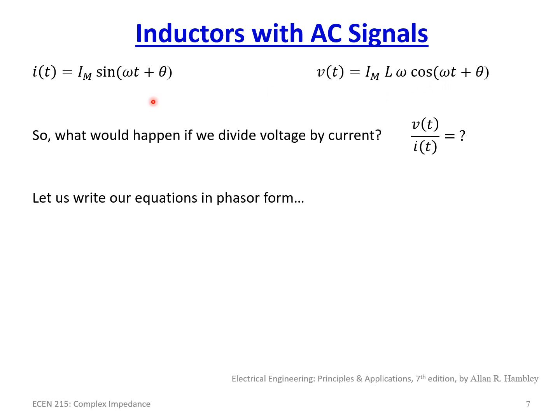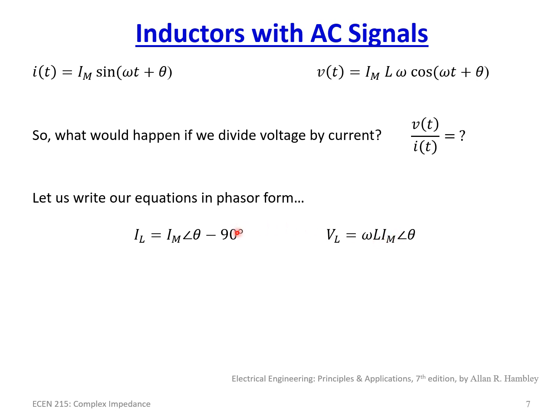What do you think we're going to get if we do that? So let's go ahead and write these in terms of phasors. Im is now just a phase angle of theta minus 90 degrees because of the sine cosine relationship. And V of L is equal to omega L Im with the phase angle of theta.